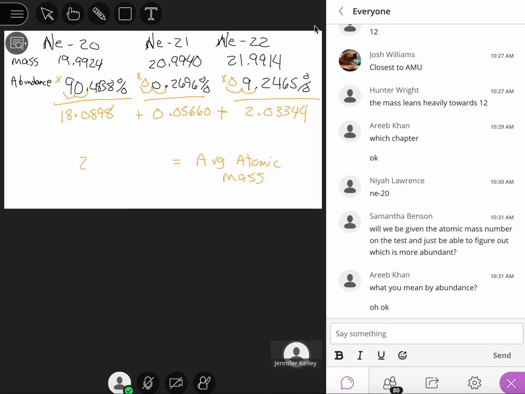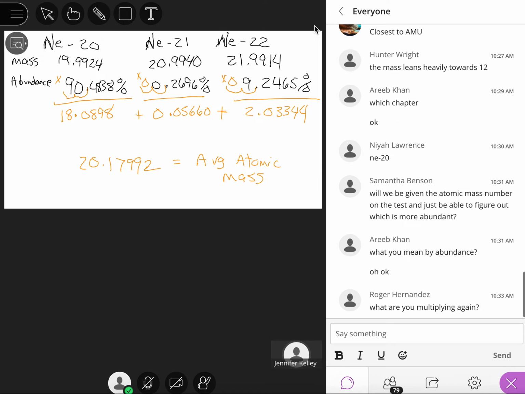When you add them together, you get 20.17992. That's a good question. So I'm multiplying the mass times the abundance. The ones above that line are all the mass, and the ones below that line are all the abundance. So let me write out the formula.